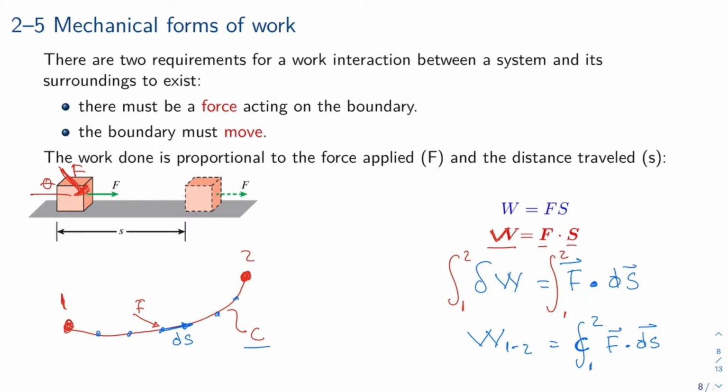That integral will depend on the path that we choose. So the total work from 1 to 2 is equal to the integral through the path that we choose from 1 to 2 of F dot ds.